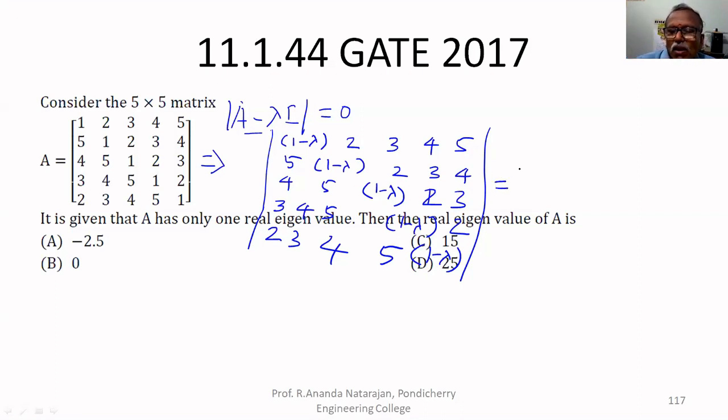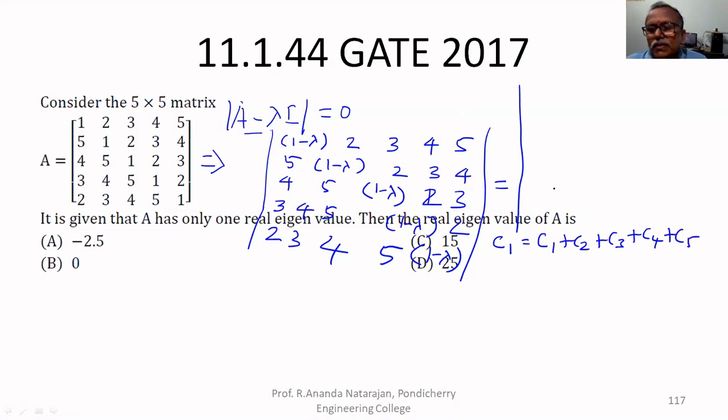If we add all the columns, the rule I am going to write is C1 equal to C1 plus C2 plus C3 plus C4 plus C5. Then what will you get? 15 minus lambda in the first column, and here also you will get 15 minus lambda, in every row.